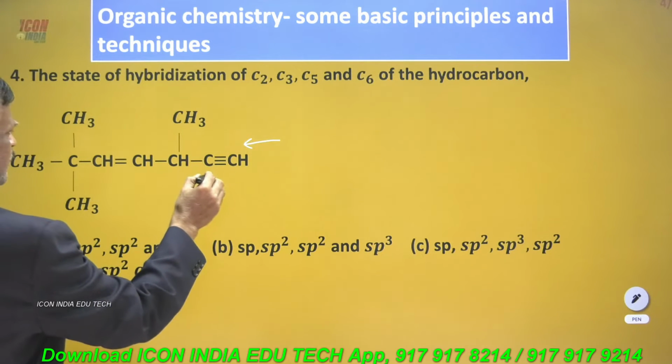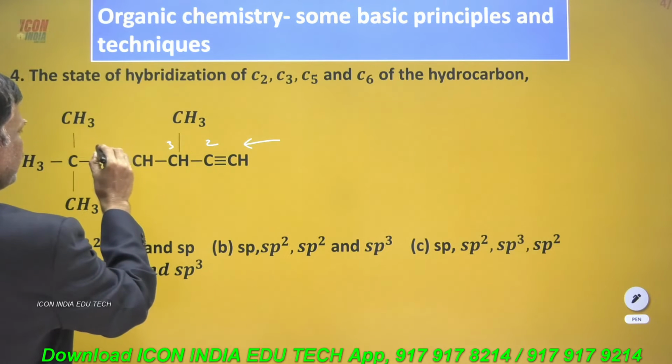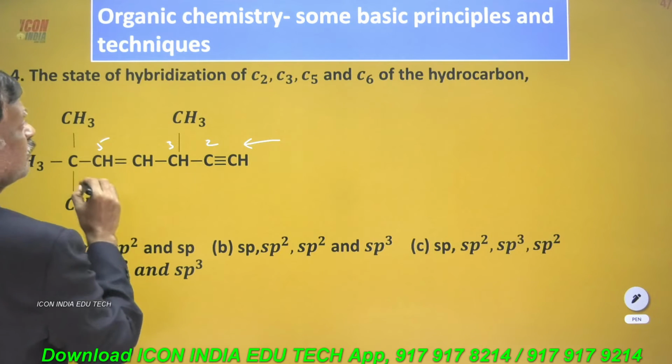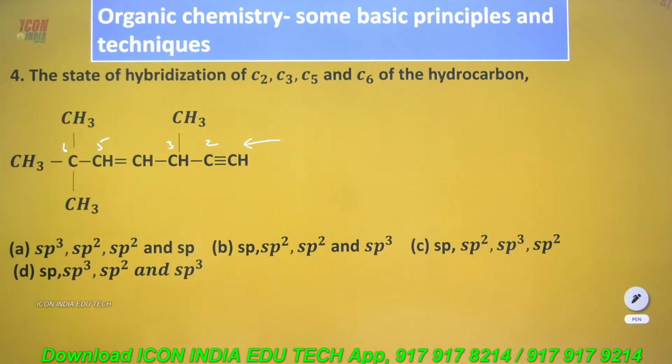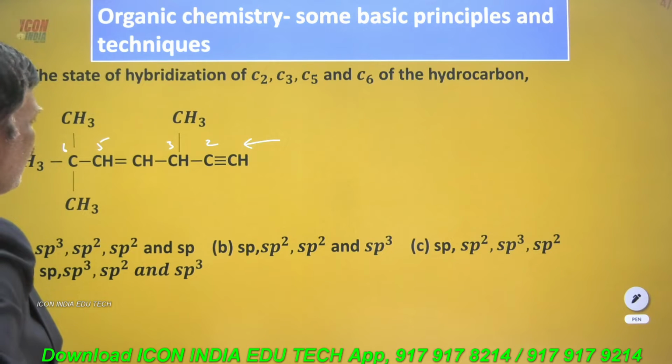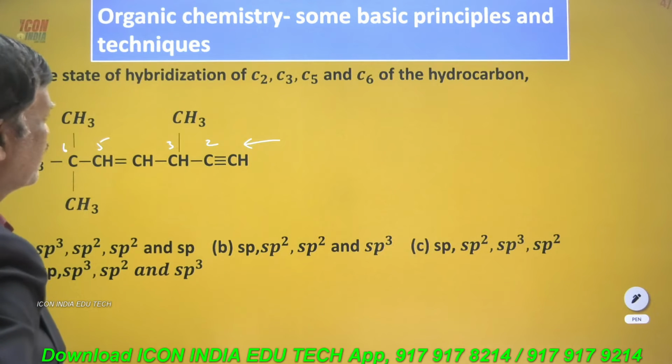This is second. This is third, this is fifth, fourth, fifth, and this is sixth. So, what are the hybrid states here? Second is sp. In which option sp is present? In the 3 options it is there.